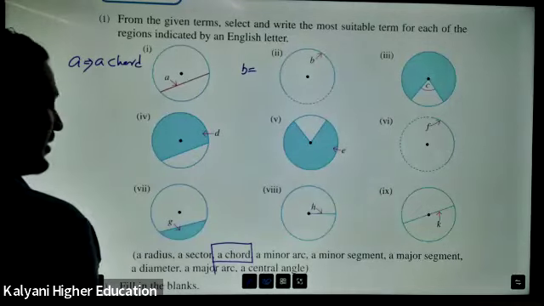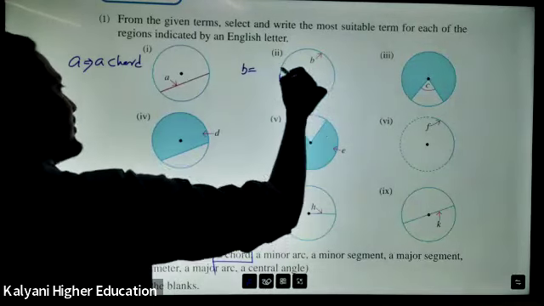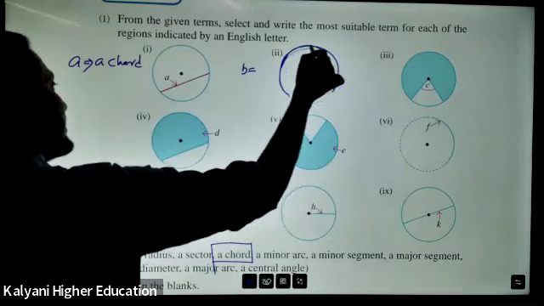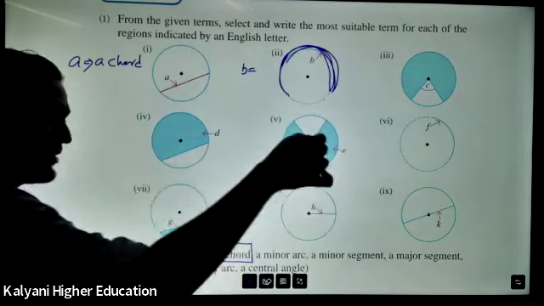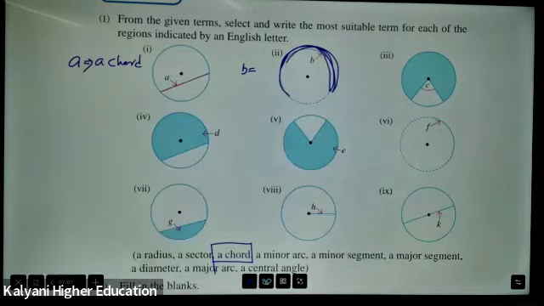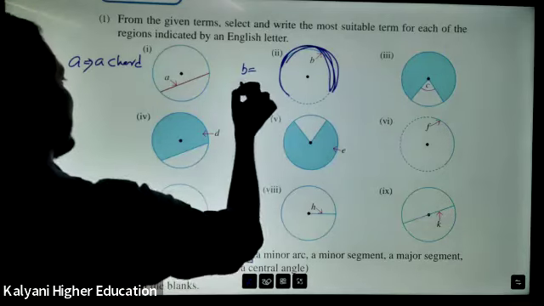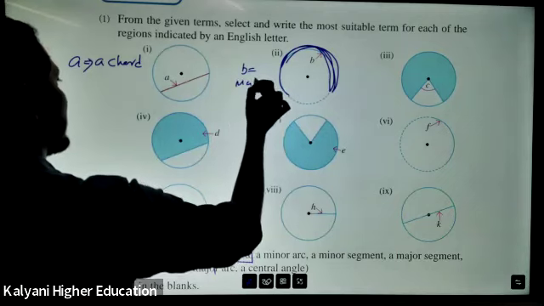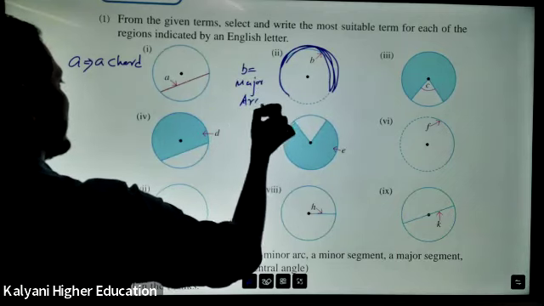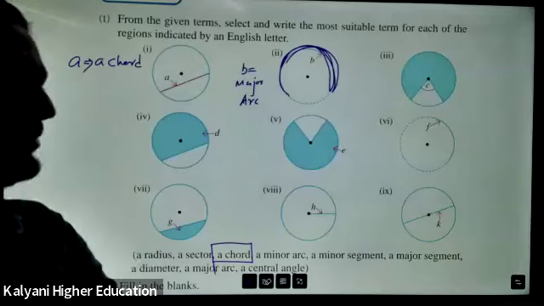They mark only part of the circumference, which we call an arc. Since it is the bigger one, it's the major arc.